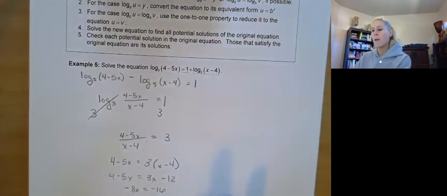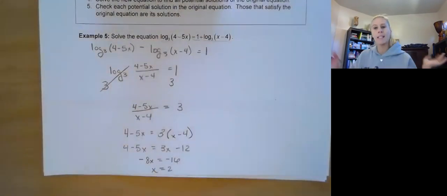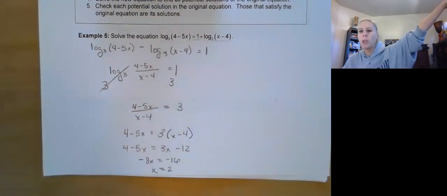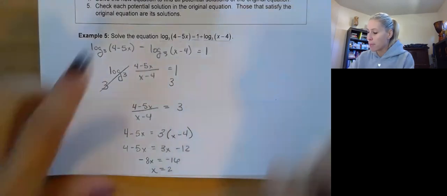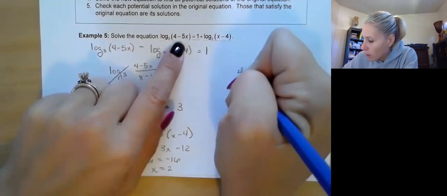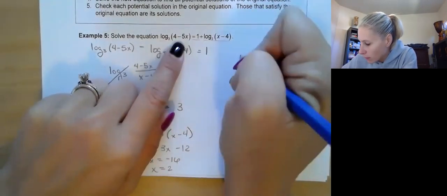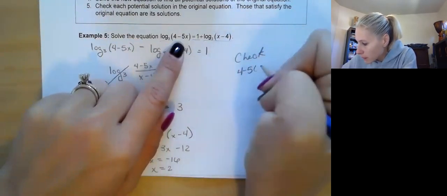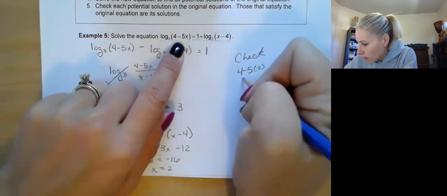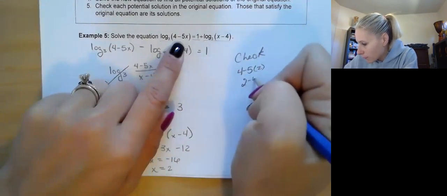Now remember, most of us have a tendency like, yay, we have a solution, let's move on. But what did we learn last question? We have to check our answers. So if I plug in 2 here, so if I go 4 minus 5 times 2, or 2 minus 4.